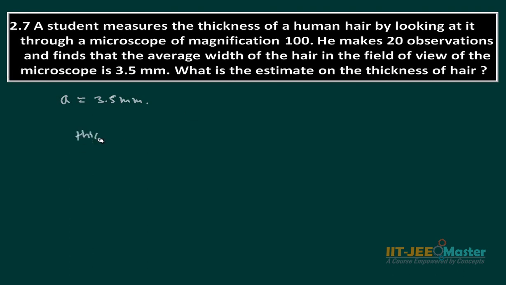So thickness of hair will be 0.035 millimeter. These have two significant digits. Also, these have two significant digits. So we have to work up to only two significant digits.